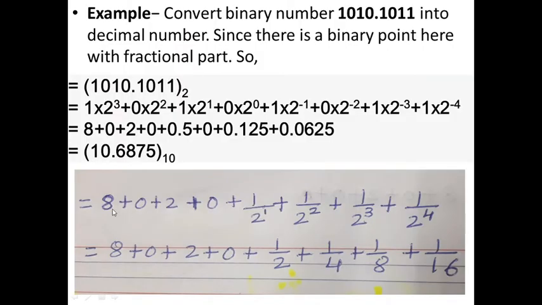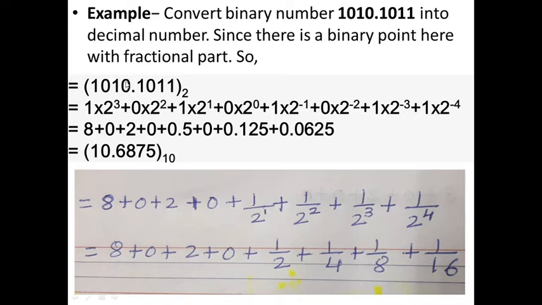So your binary number is converted into a decimal number. Now let's take another example, which has both an integer part as well as a fractional part. 1010.1011. This is a binary number. You need to convert it to a decimal number. Either you assign the index for each bit and then calculate the weight, or, if you know the weights, assign them directly.